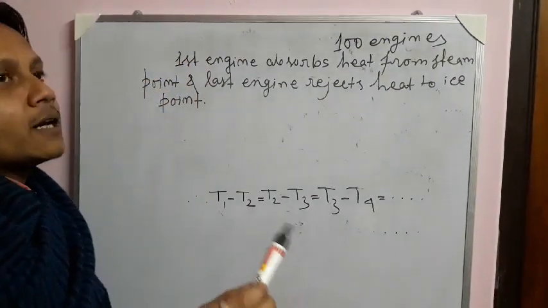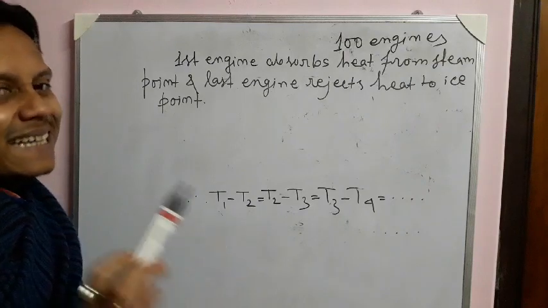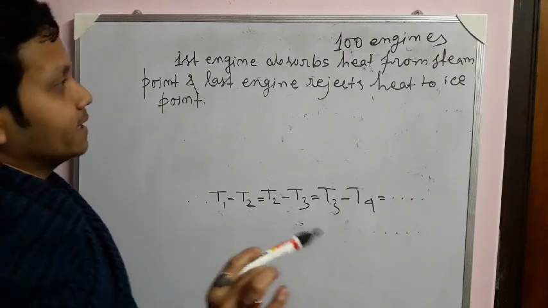So there are 100 equal intervals and each interval is called 1 Kelvin degree.